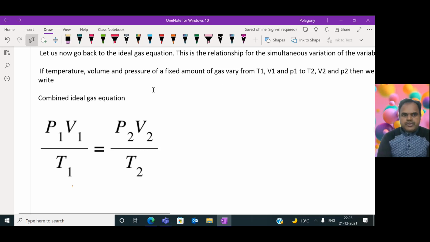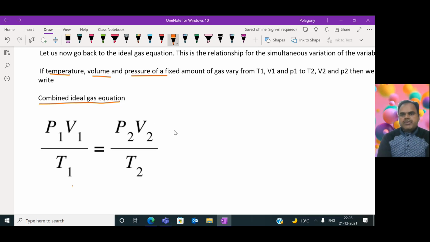And also sometimes, if the temperature, volume and pressure for a fixed amount of gas are known as T1, V1 and P1, and changed to T2, V2 and P2, then we have to use the combined gas equation, P1V1 upon T1 equal to P2V2 upon T2.